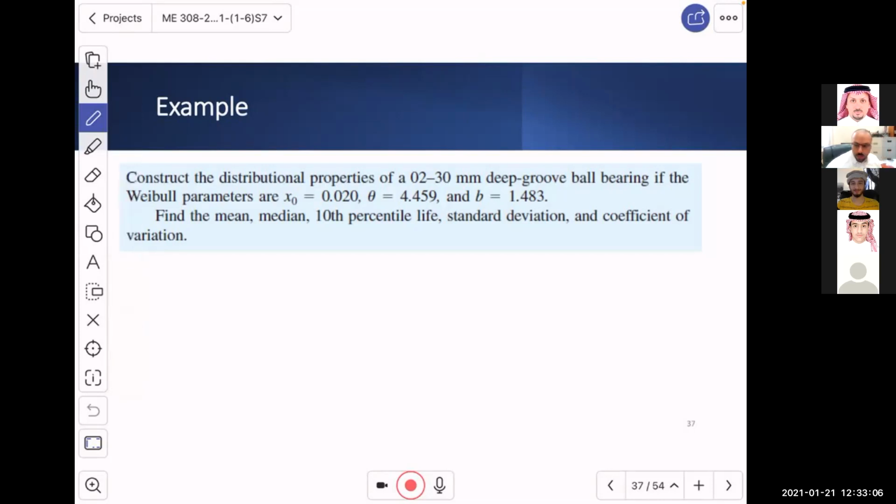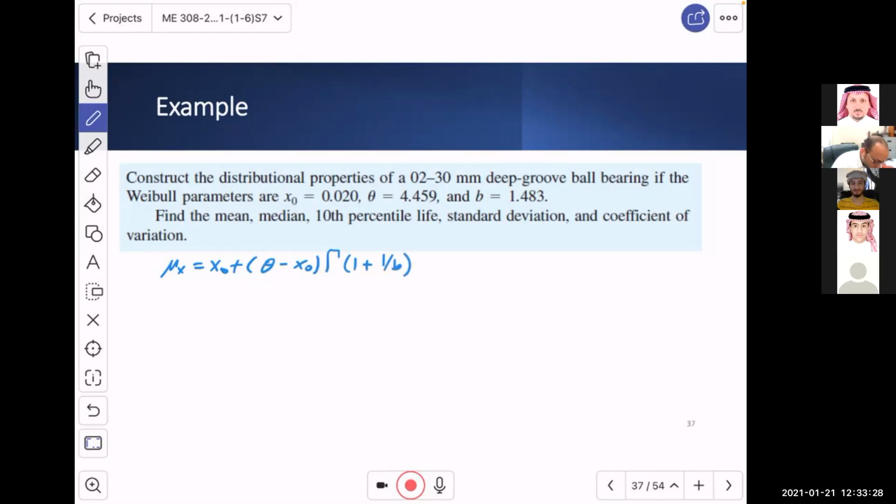Now, what is the first thing? It is the mean. The mean is not difficult. We know the equation: mu x is equal to x0 plus theta minus x0 multiplied by the gamma of 1 plus 1 over b.